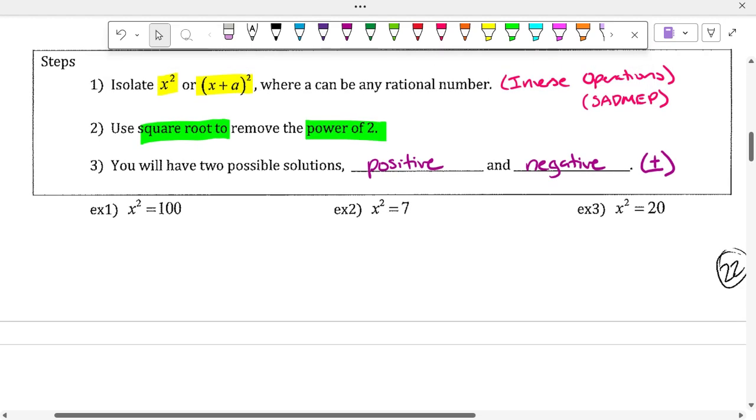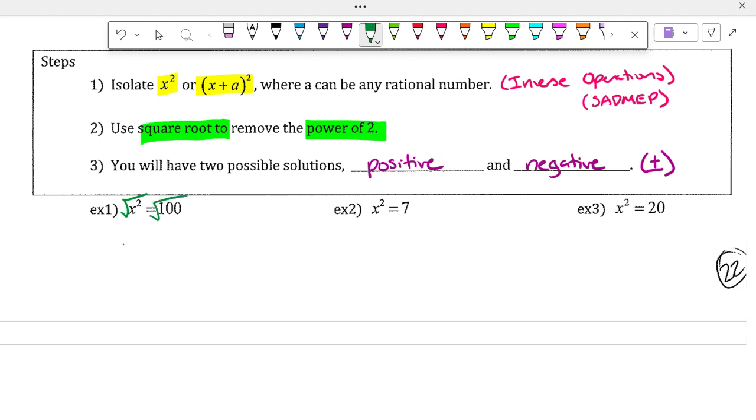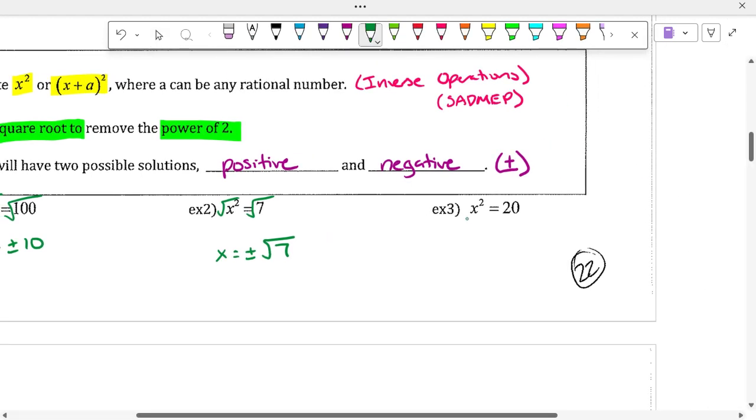So in reality, if I took the square root of both sides here, x would be equal to what? Plus or minus 10. If I took the square root of both sides here, x would be equal to what? Plus or minus the square root of 7. And then here, first off, I break down the 20 into 4 and 5.